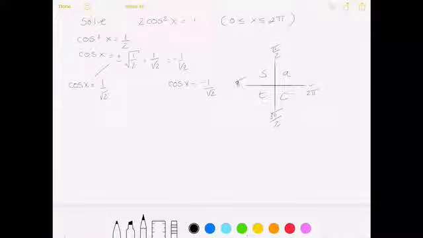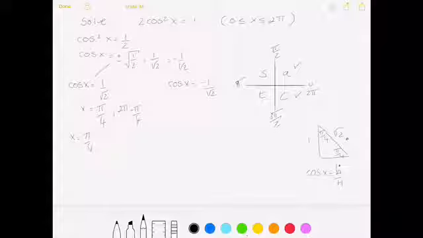Again, in our CAST diagram, cosine is positive in quadrants 1 and 4. So drawing our exact value triangle, the angle that has an adjacent of 1 and a hypotenuse of root 2 is pi over 4. So x is pi over 4 and 2 pi minus pi over 4, which gives us pi over 4 and 7 pi over 4.